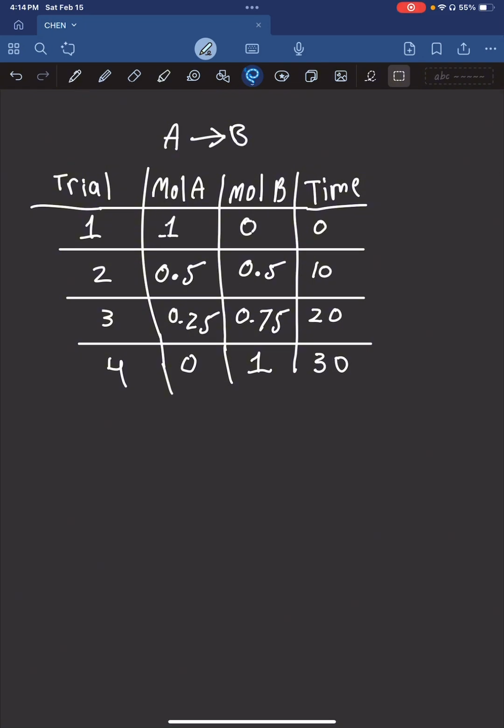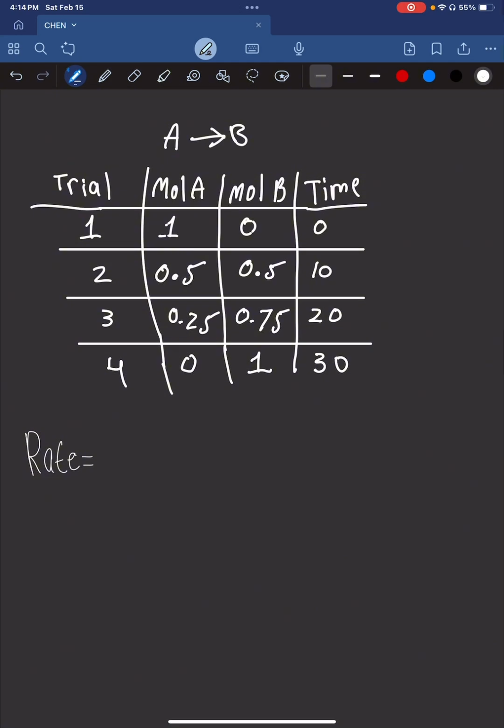Okay, so let's try to use the equation we had before in action. If we want to understand the rate of a specific reactant or a product, we're going to use this equation. Okay.